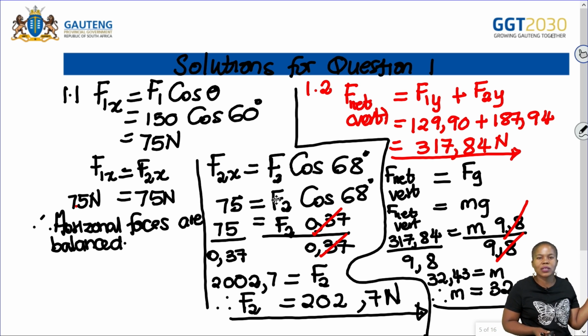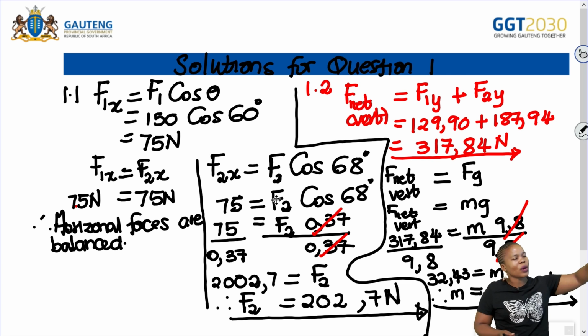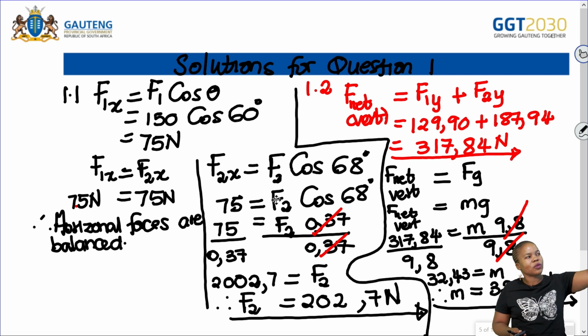Because the horizontal forces are balanced. So now we can say F2x is equal to F2 cos of 68. We know F2x because we've calculated F1x. Hence, we have 75 here, equals F2 cos of 68 degrees.